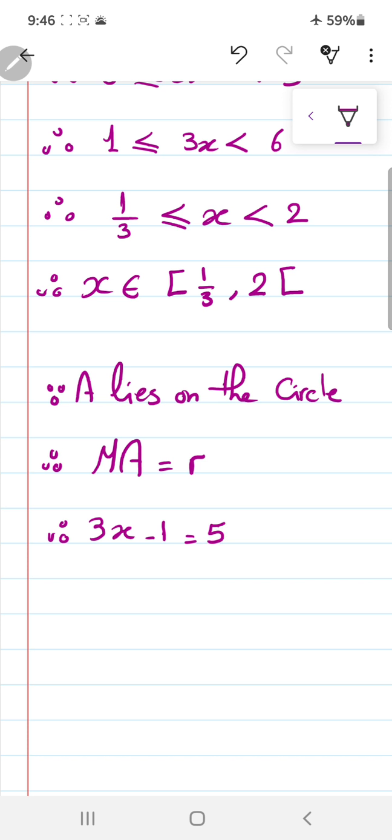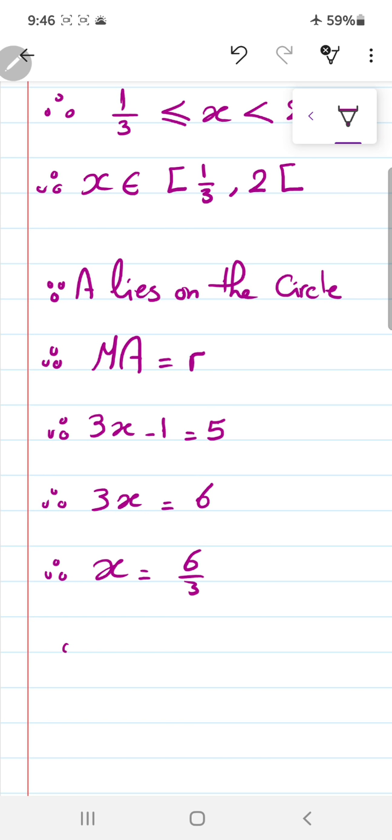It's an equation. Also move negative 1 to the other side as positive, so 5 plus 1 equals 6. Move 3 to the other side by dividing, 6 divided by 3, which is 2. So the value of x equals 2.